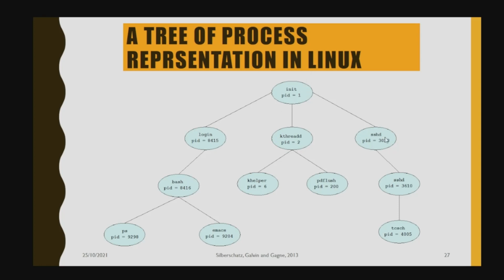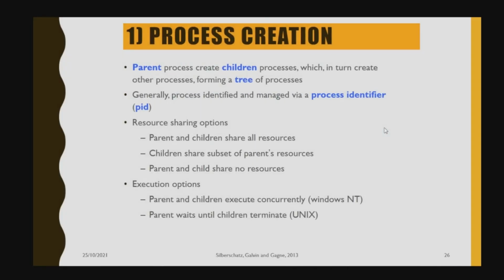Then these are siblings. This one is the parent, this one is children, this one is children, and this one is the sibling. So the option is based on this: concurrently, or wait until the children terminate.